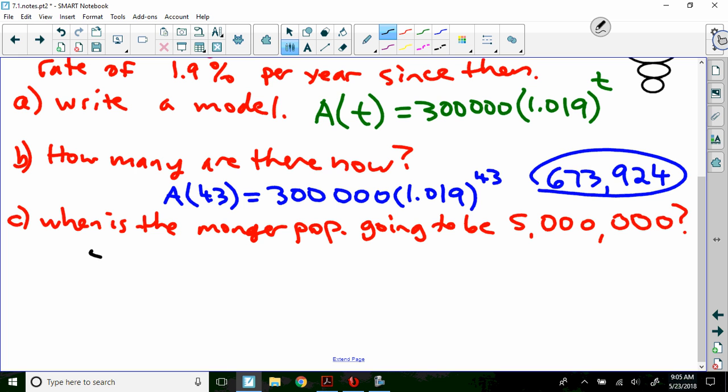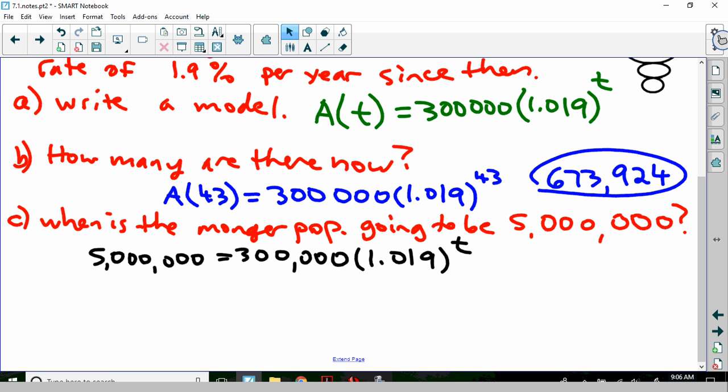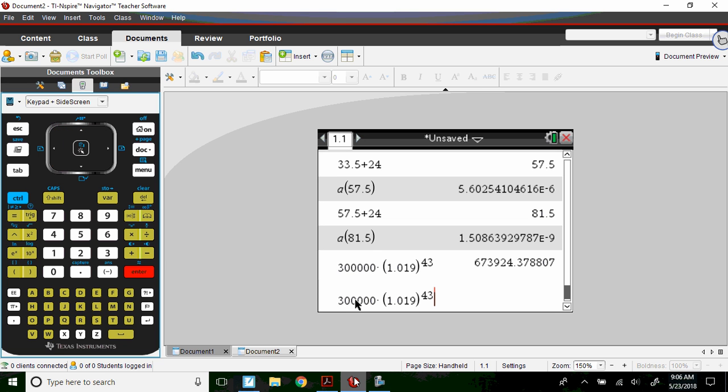We'll say 5 million equals 300,000 times 1.019 to the t. Now we could divide both sides by 300,000, or we could just guess and check.